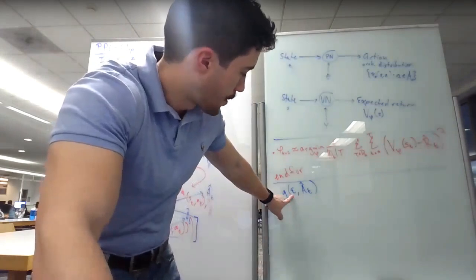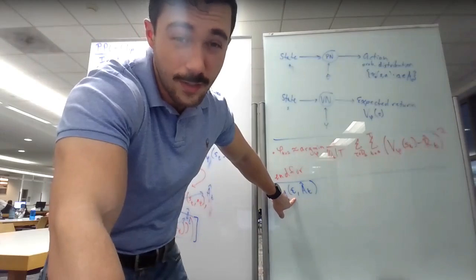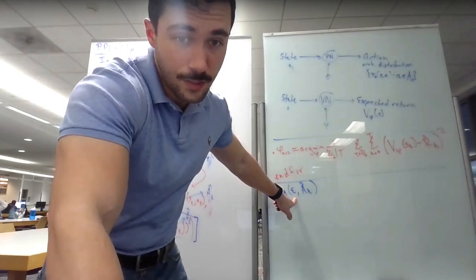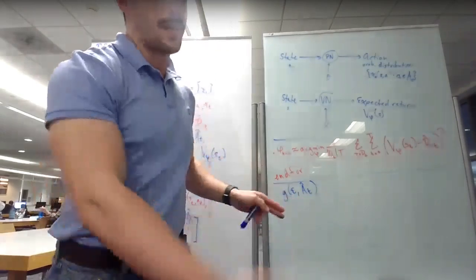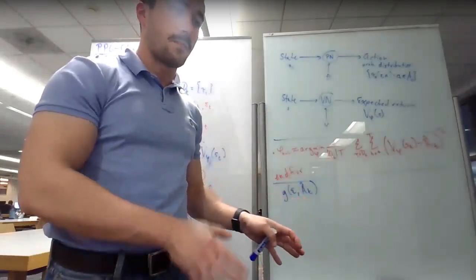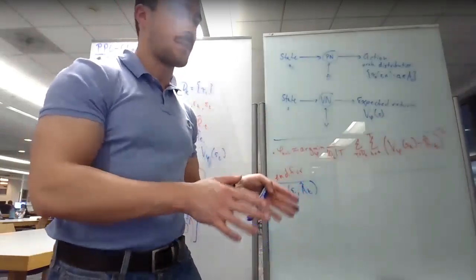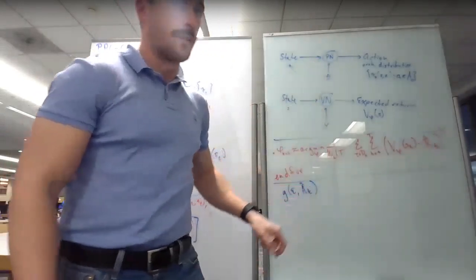So again, epsilon is how far away the new policy can be from the old policy in terms of the advantage. It's not like a Kullback-Leibler distance where you want to constrain how far you can actually change the parameters or the outputs from your neural network. It's actually a distance in terms of reward.